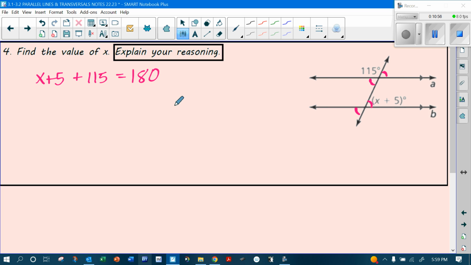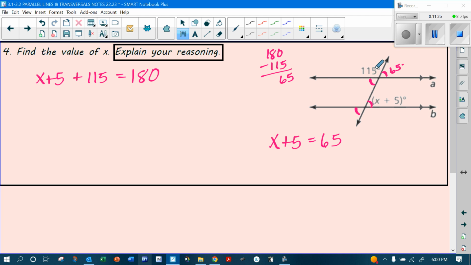That's one way, okay? Now, I also know if this is 115, if I take 180 and subtract 115, I get 65. So that means this angle is 65 because these two are supplementary, which means now these two, x plus 5 is equal to 65. So you could look at it one of two ways.